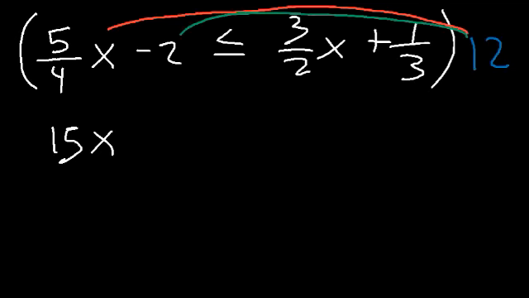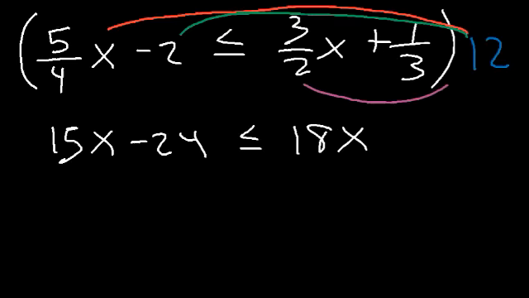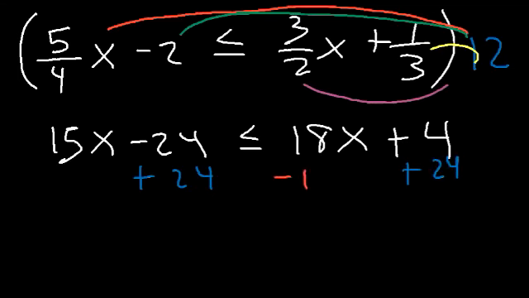Now we can multiply 12 by negative 2, which is negative 24. And then 12 times 3 over 2 x. 12 divided by 2 is 6. 6 times 3 is 18, so we have 18x. And for the last one, 12 times 1/3 is the same as 12 divided by 3, which is 4. So now we can add 24 to both sides, and at the same time we could subtract 18x from both sides.